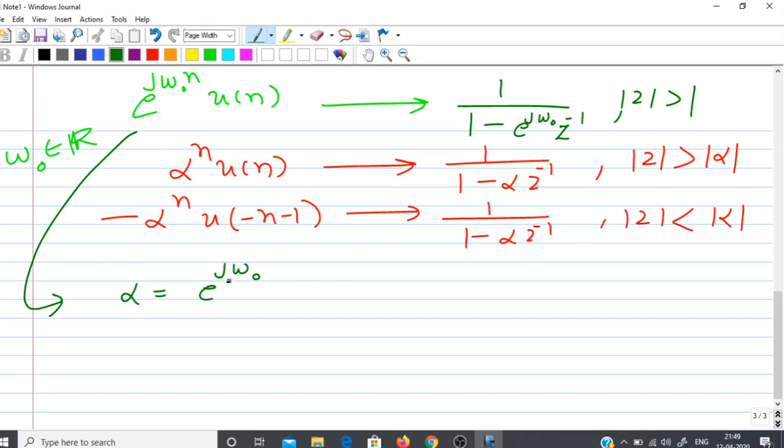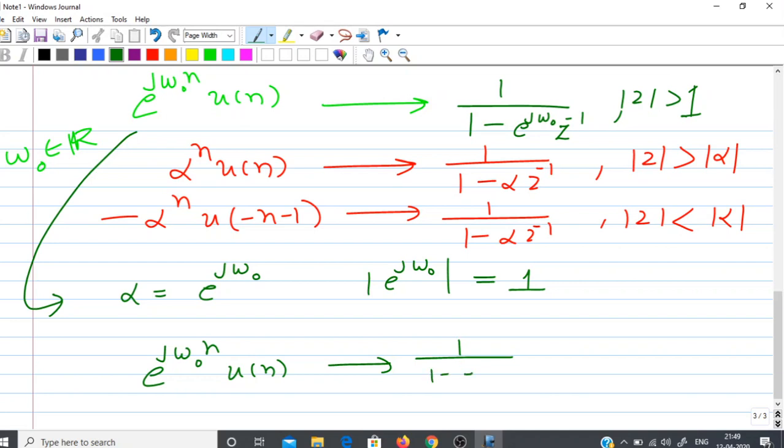So what would be the mod of alpha? Mod of e to the power j omega naught would be 1. So I can write it is greater than 1. So we have obtained the Z transform of e to the power j omega naught n u[n]. It is 1 upon 1 minus e to the power j omega naught z inverse with mod z greater than 1.